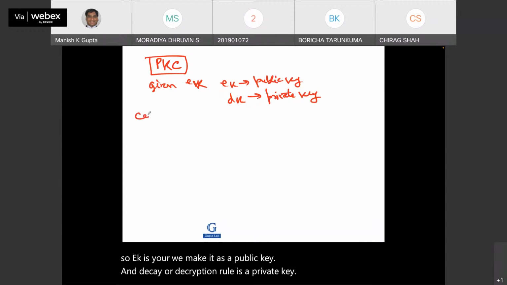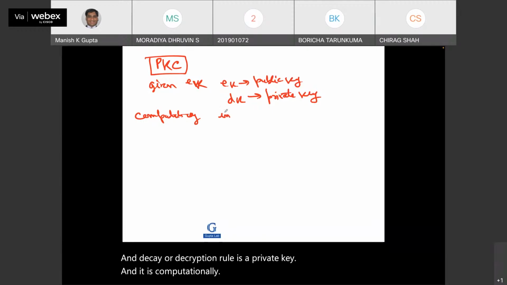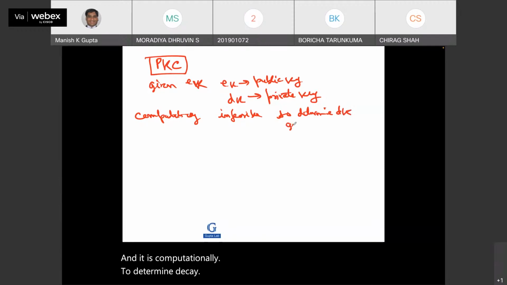It is computationally infeasible to determine DK given EK.